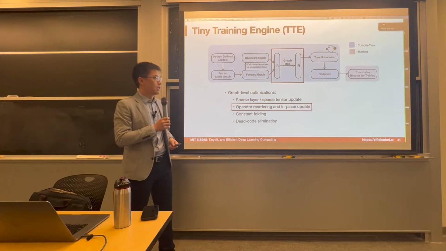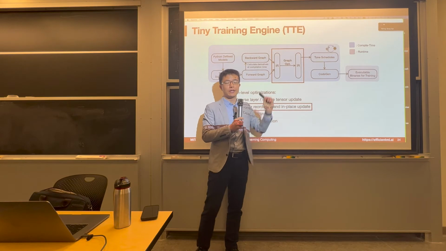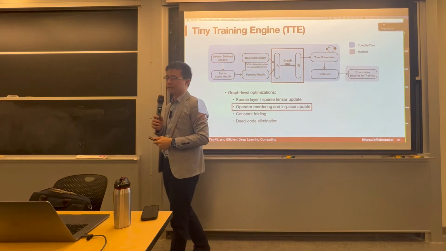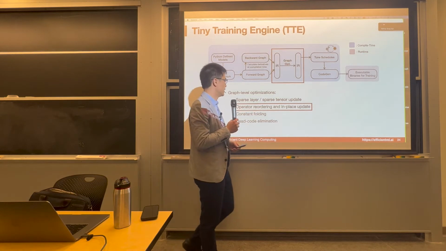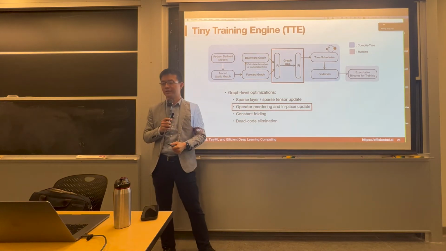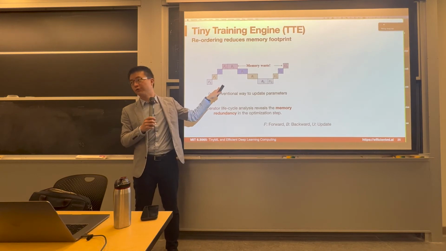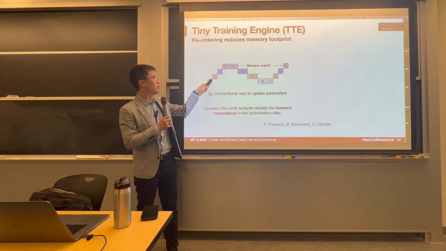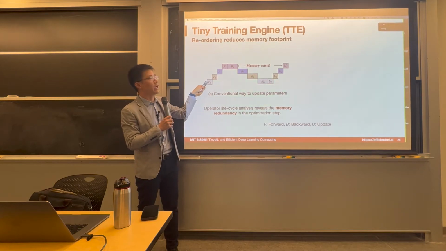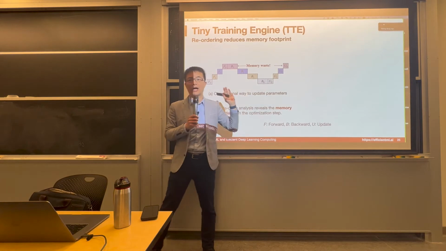Okay, all right. So what are the other opportunities we can do on the intermediate representation? We can also perform operator reordering and in-place update. We have seen this figure before during the distributed training section, right? This F stands for forward, B stands for backward, and U stands for update.